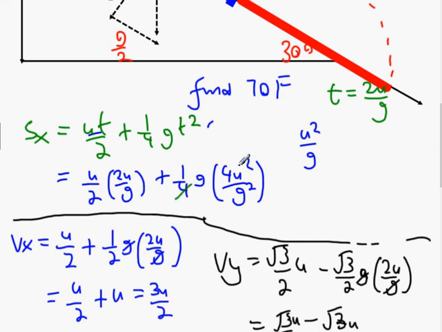The g cancels with that one there. Is that another u squared over g then? And then the range of the first bounce or throw is 2u squared over g.